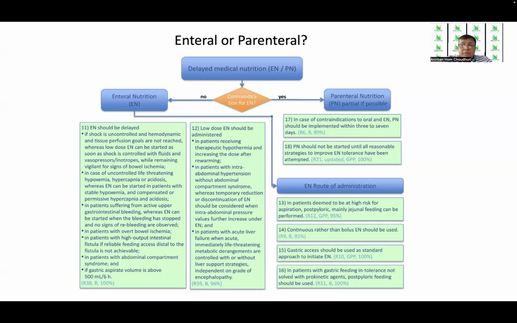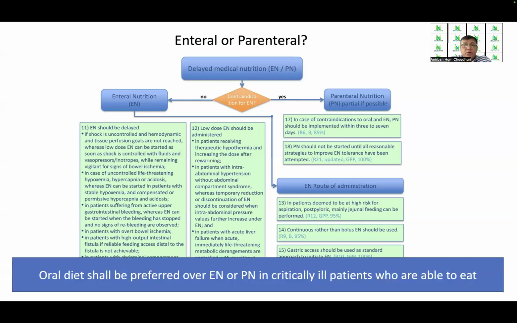In patients at high risk of aspiration, post-pyloric, mainly jejunal, feeding can be performed. It is also important that continuous rather than bolus enteral nutrition is tolerated better by patients. Gastric access should be used as the standard approach to enteral nutrition. When gastric feeding intolerance is not solved with prokinetic agents, post-pyloric feeding should be used.